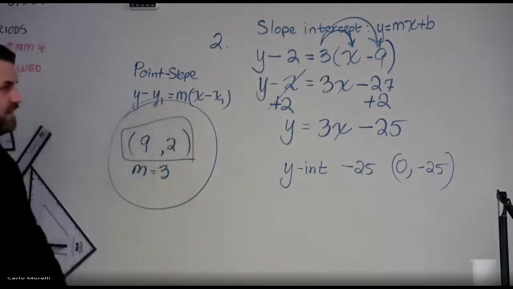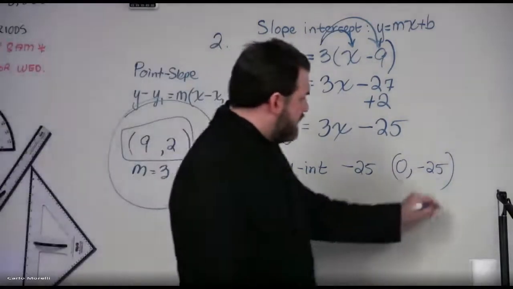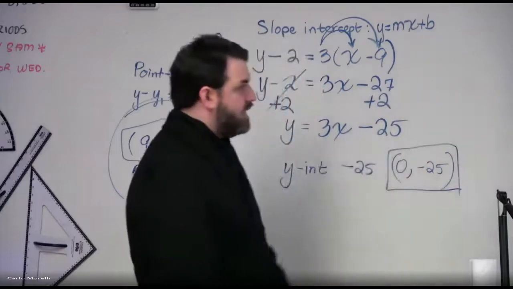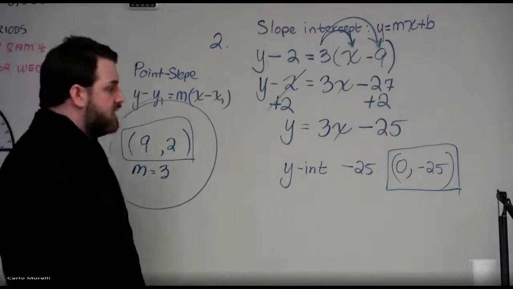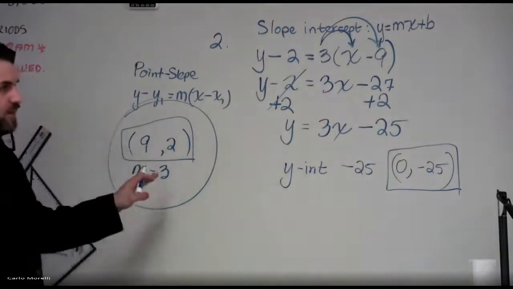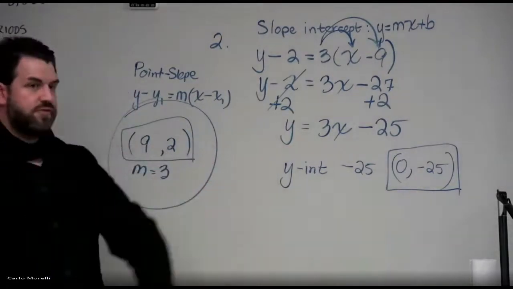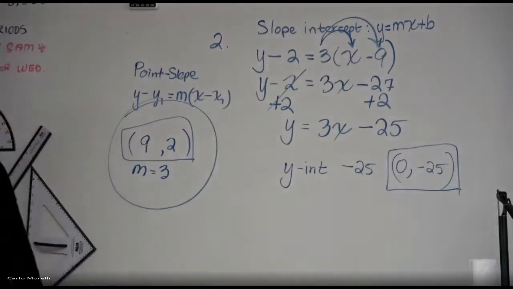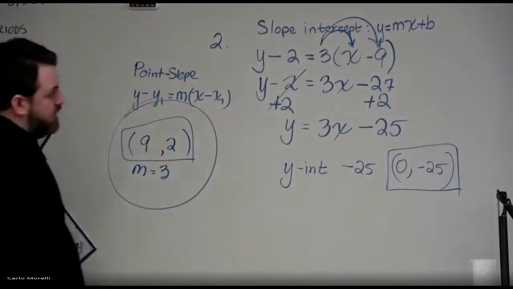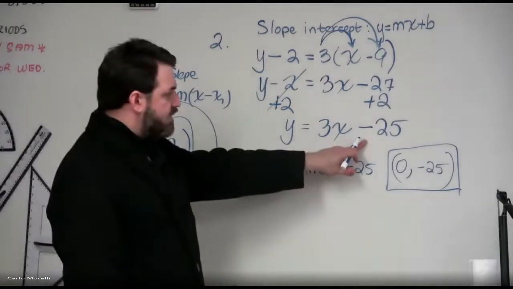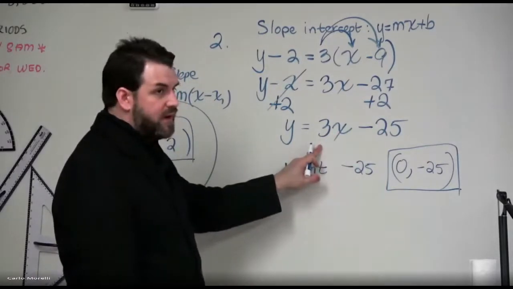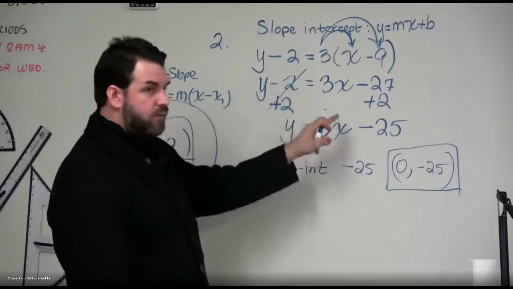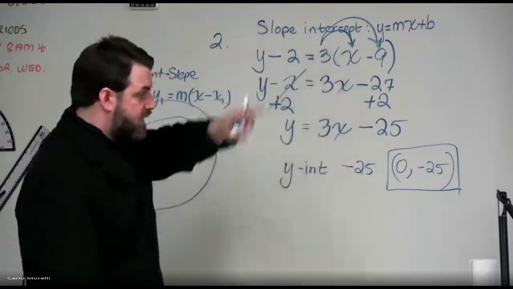You have this point that you were able to pull out of the original, and you know this point because you know the y-intercept has got a 0 for its x value. So you could, if somebody wanted you to, plot these 2 points and draw a graph, okay? Similarly, you could draw a dot at 0, comma, negative 25, and then use the rise and run of the slope to plot more points, like up 3 over 1, up 3 over 1, up 3 over 1.